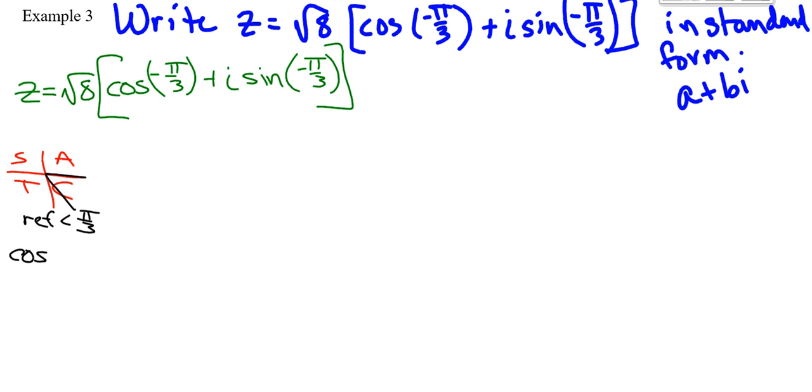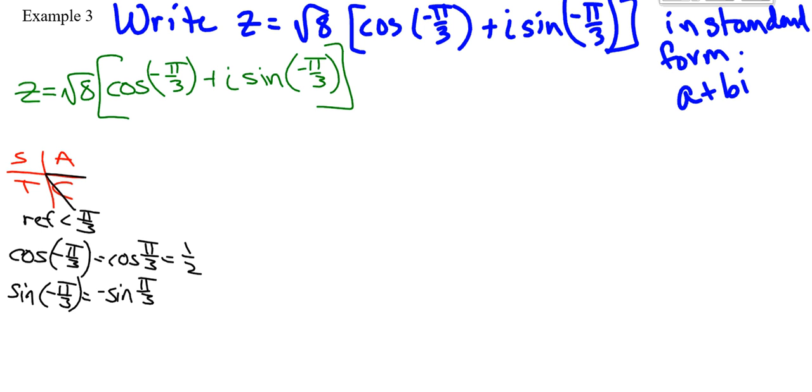The cosine of negative pi over 3 is equal to the cosine of pi over 3 because it's positive. And what is the cosine of pi over 3? 1/2. And then the sine of negative pi over 3 is, since sine is negative in that quadrant, the negative sine of pi over 3.